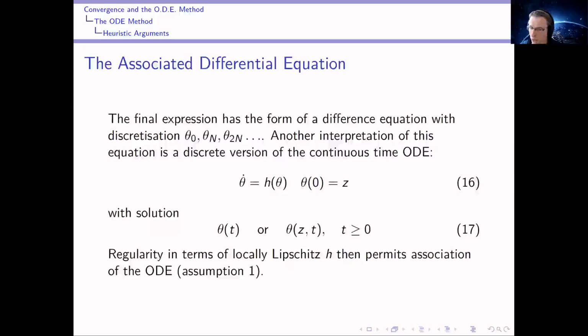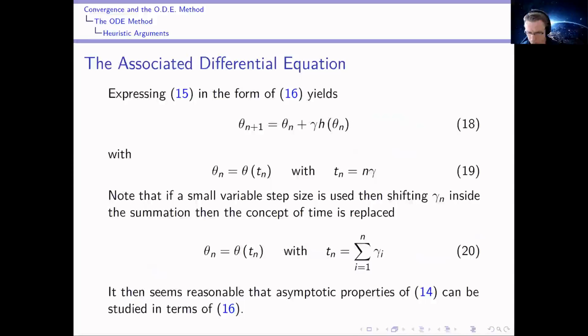And so the question is now, how do we interpret the update equation as a continuous ODE that is shown here? The answer seems to lie with the concept of small gains and a smooth H. If we simply express the approximation from equation 15 on the previous slide with the form of the ODE, then we have this update equation in equation 18.